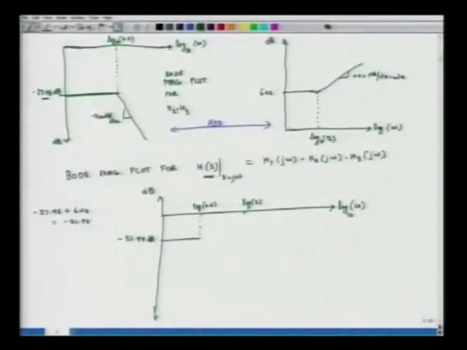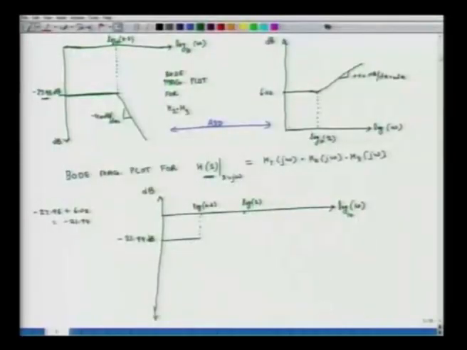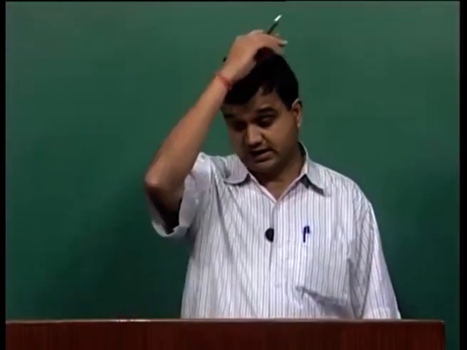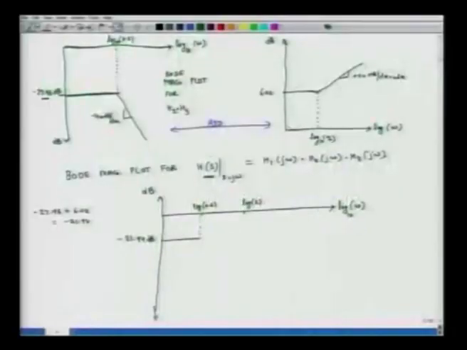So, the response curve for a system represented by this transfer function H is essentially a constant horizontal line, minus 21.94 decibels away from the horizontal axis, up to an angular frequency of 0.2.